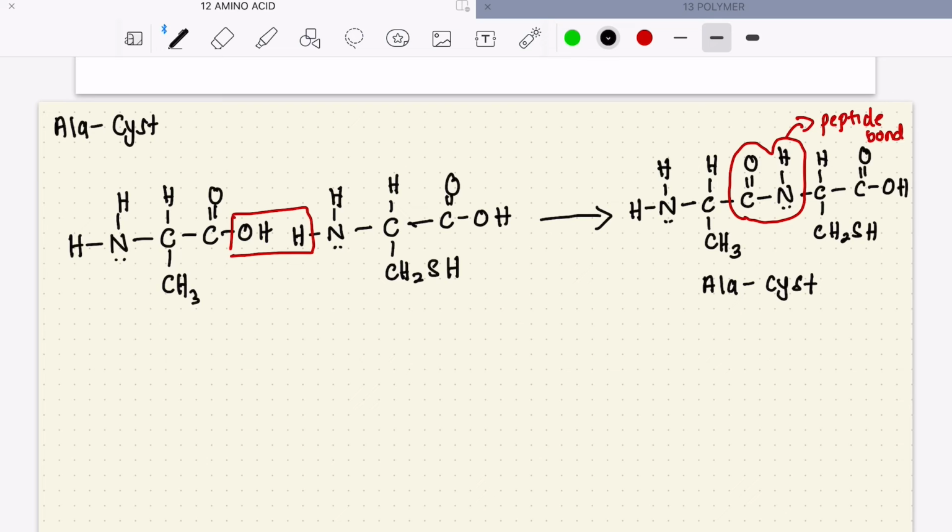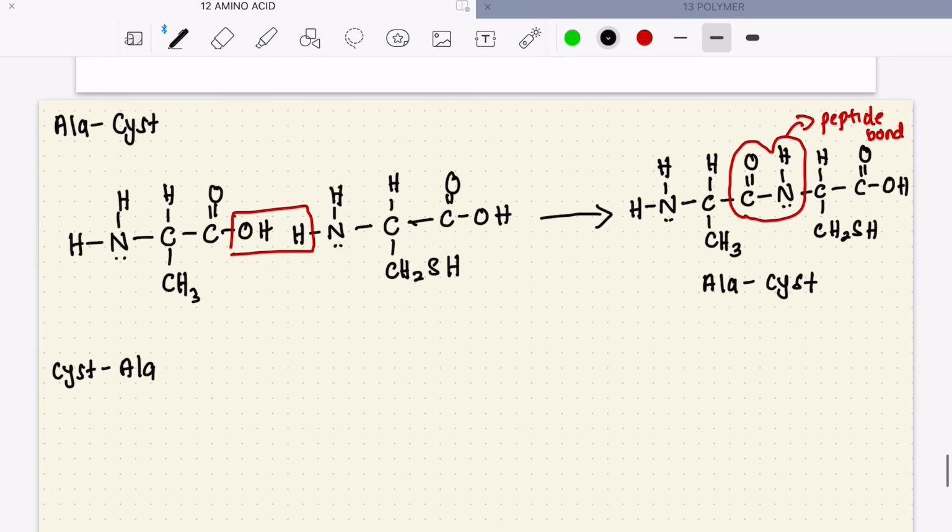Now, the second question is for you to produce Cys-Ala, which means you have to draw the cysteine first. So we draw the cysteine first. Will it make any difference?